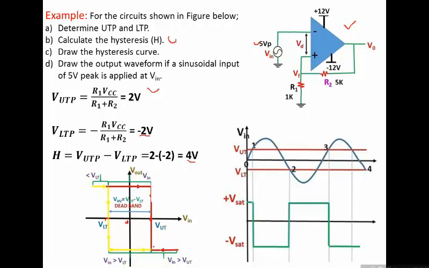As you can see that this is an inverting comparator, so if the output is at high level, then it would go at low level when you cross the upper trigger point, and it would change from low level to high level when it crosses lower trigger point.